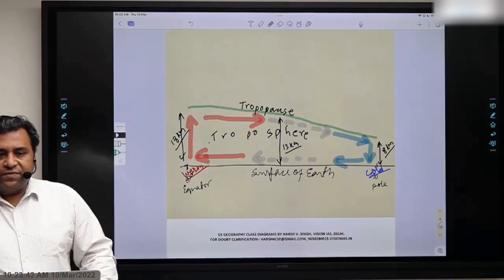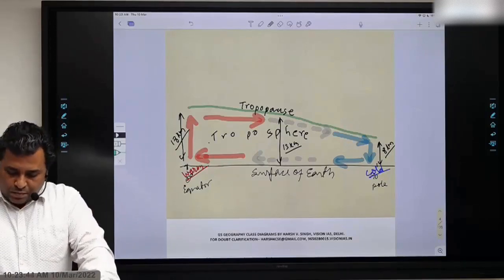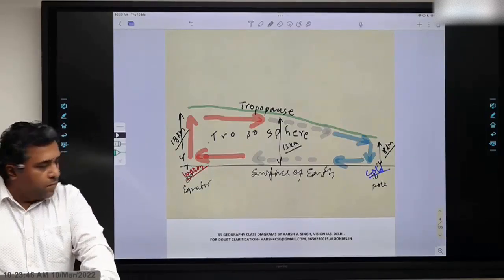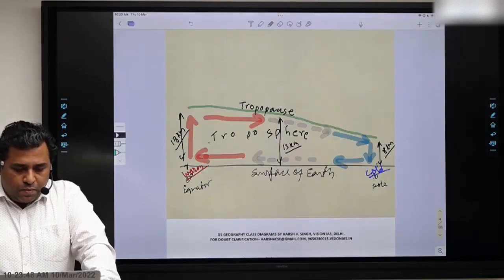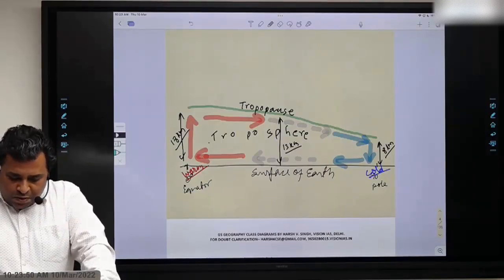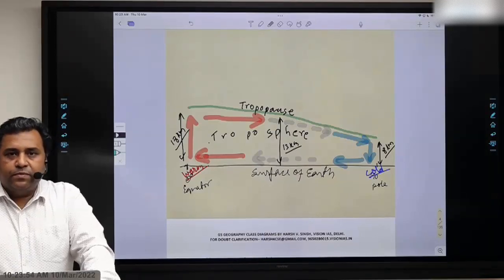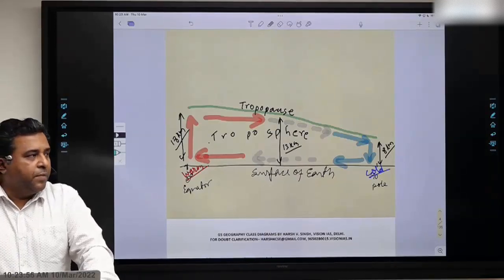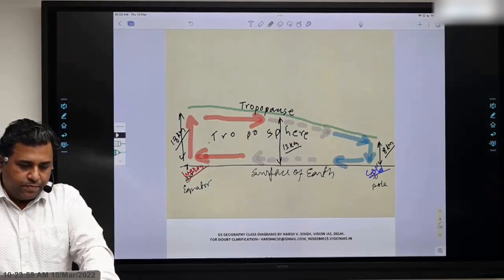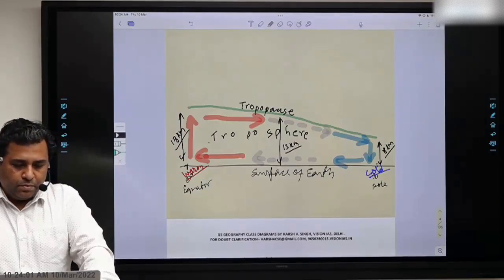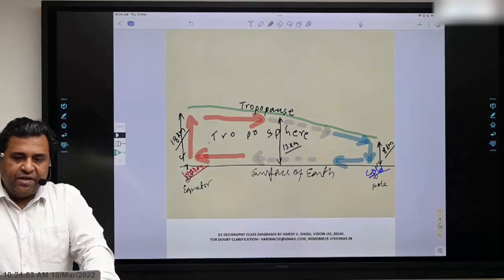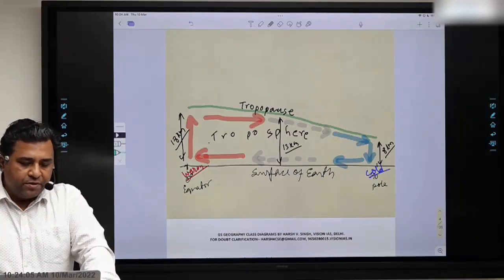All of heat transfer takes place in the atmosphere between equatorial up to polar regions.